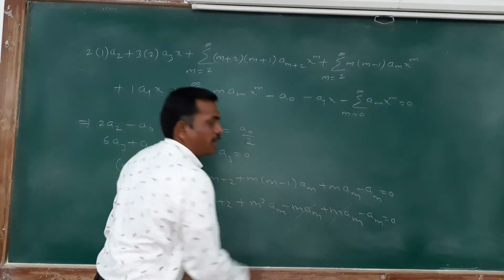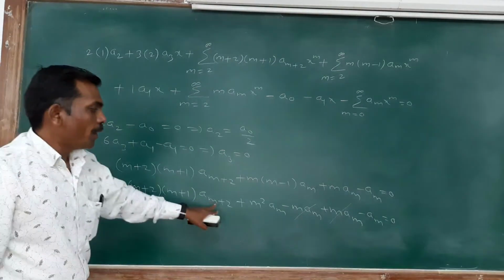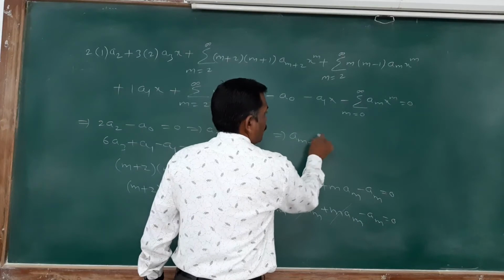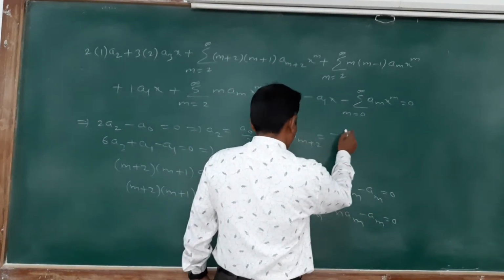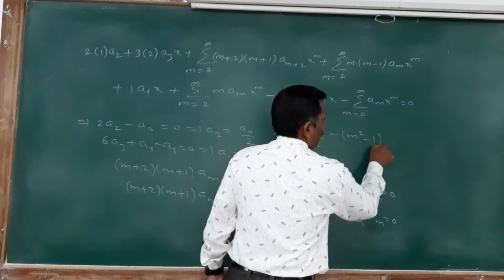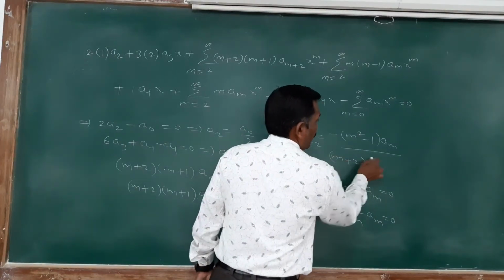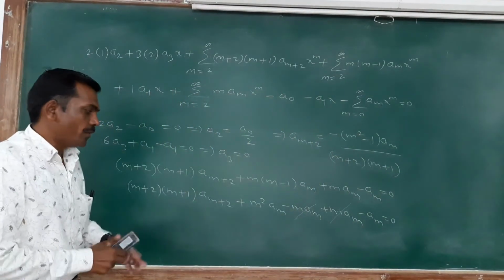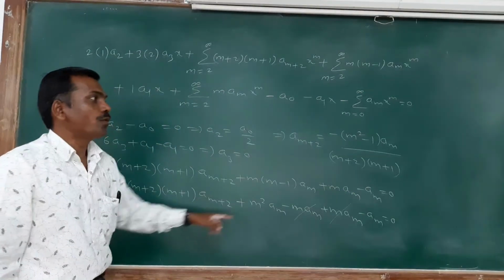m gets cancelled. And remaining terms of am transfer to RHS and find the value of am plus 2. So here I am writing am plus 2 is equal to minus m square minus 1 am divided by m plus 2 into m plus 1. Try to understand this step. We transfer the remaining term to that side and divide by this m plus 2 into m plus 1.